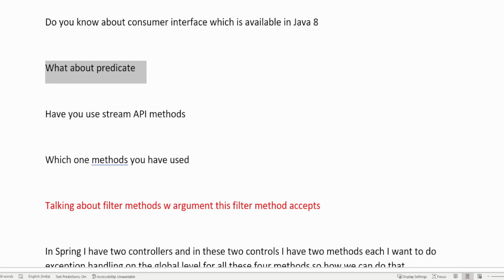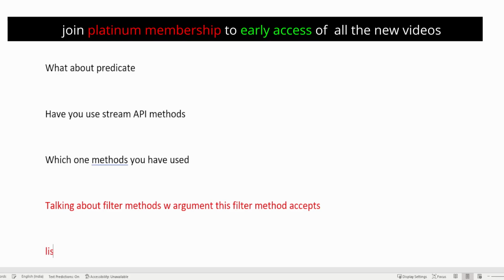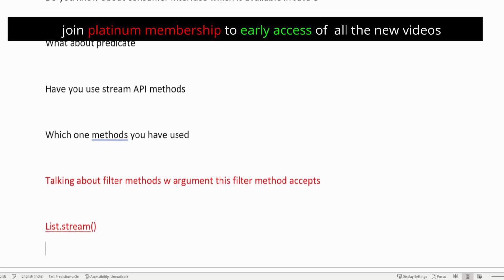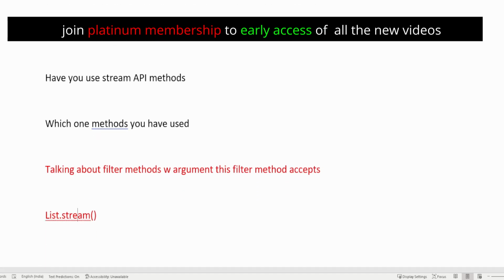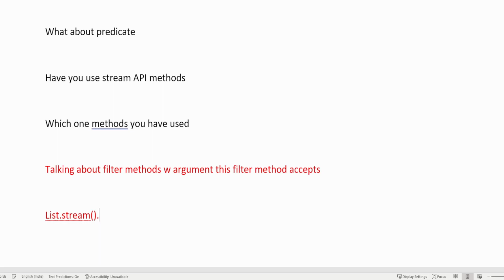So I will just write an example of a filter method argument. If I write something like this: list.stream(), and after converting this list into a stream, I will use filter, and inside filter I will take all the elements and use a lambda as an argument, and inside that I will give some condition.